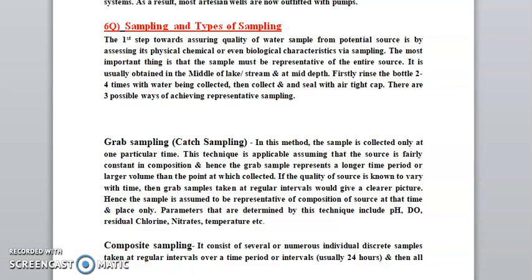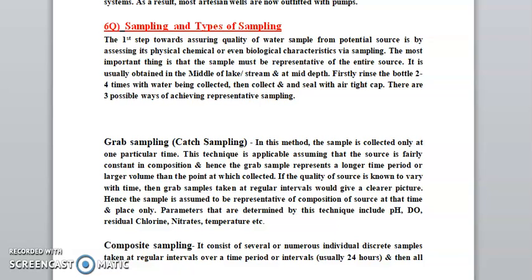If the quality of the source varies with time, then grab samples at regular intervals would give a clear picture. Hence, the sample is assumed to be representative of the source at that time and place only.